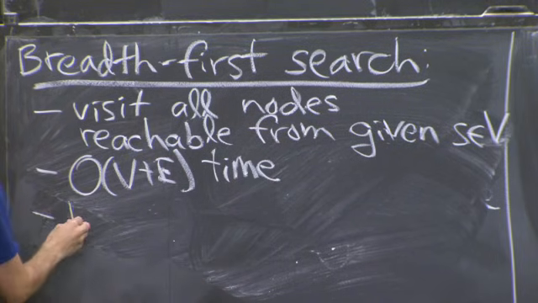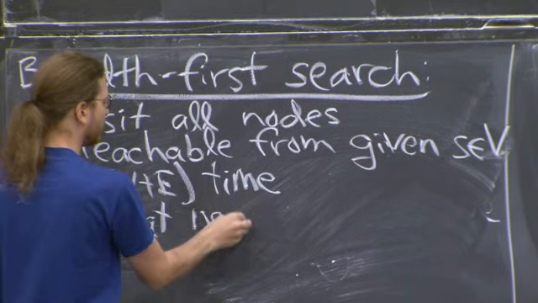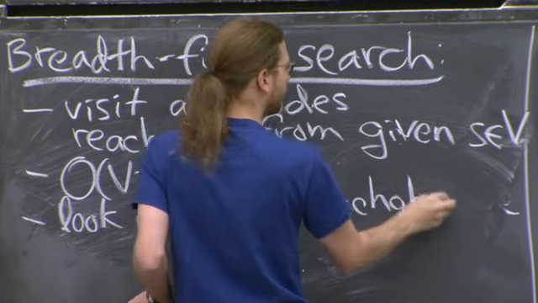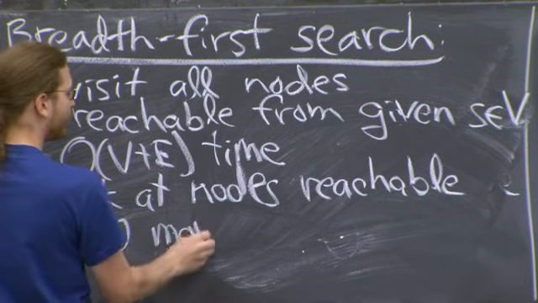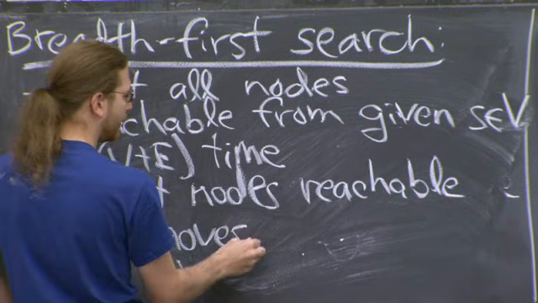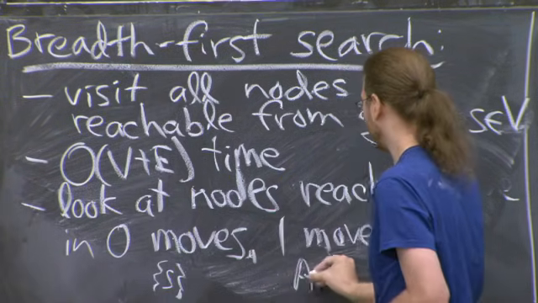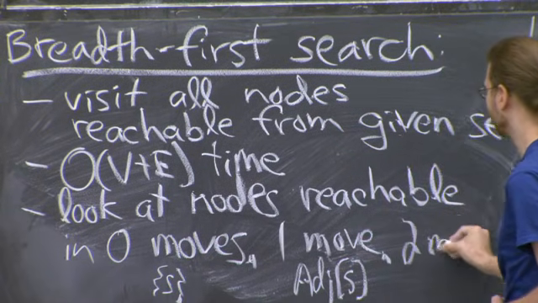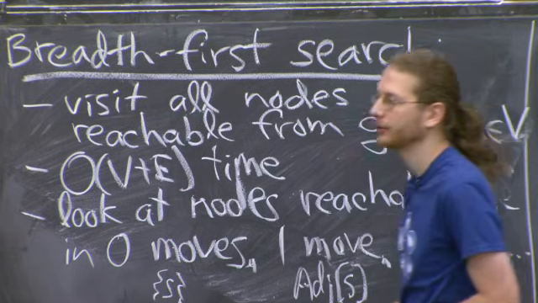And the idea is to look at the nodes that are reachable first in 0 moves. 0 moves, that's S. Then in 1 move, well, that's everything you can reach from S in 1 step. That's the adjacency of S. And then 2 moves, and 3 moves, and so on until we run out of graph.